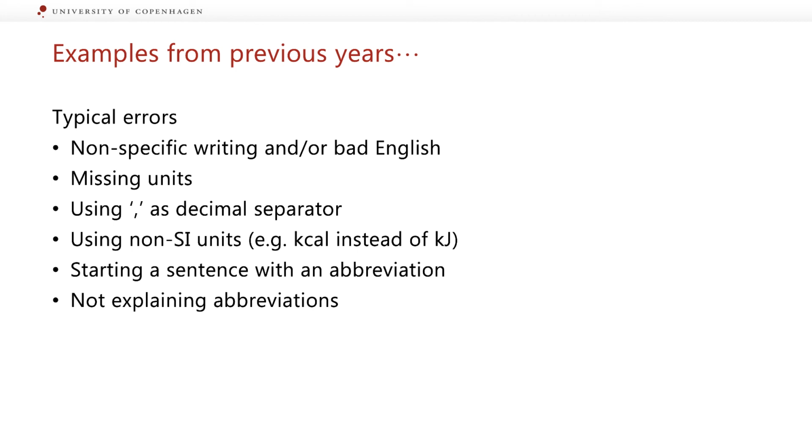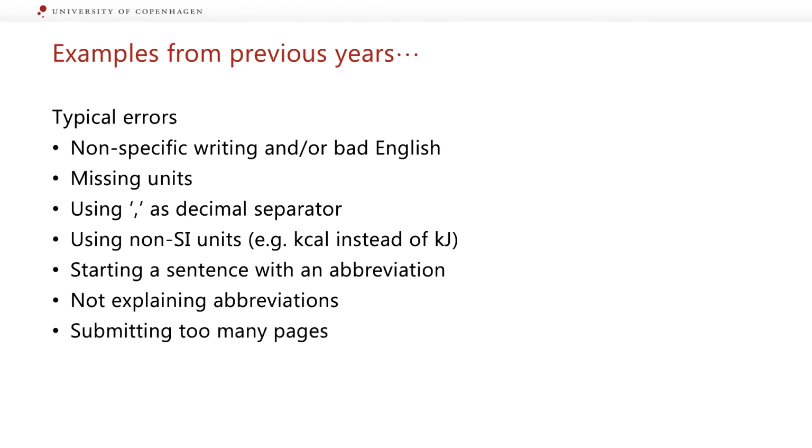The first time you want to use an abbreviation, you spell it out, and then you put the abbreviation in parentheses, and from that point you can use the abbreviation for the rest of the report. Note, however, that in tables and in text you have to spell out the abbreviations as well, because they have to be able to stand alone, so you have to explain these abbreviations.